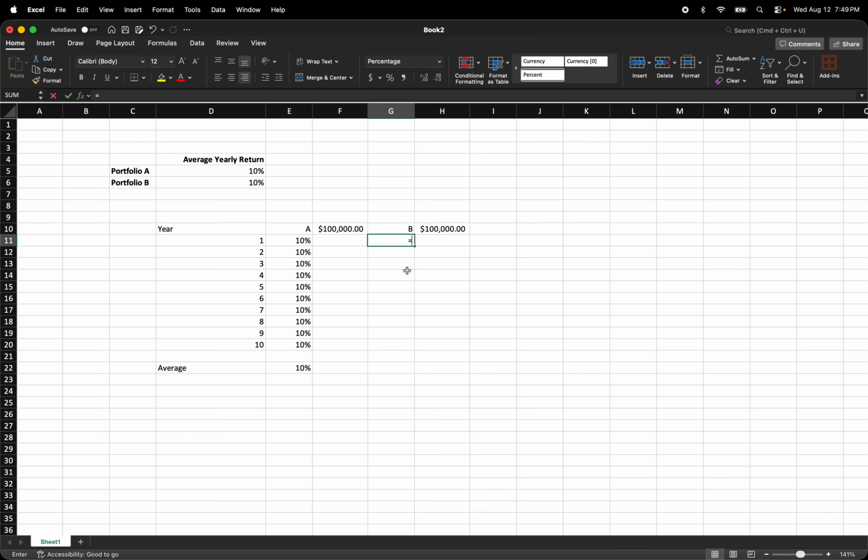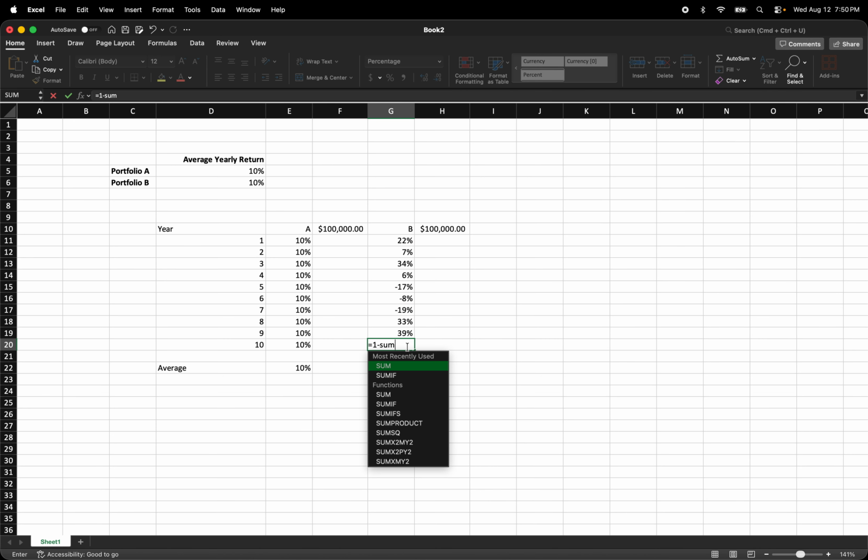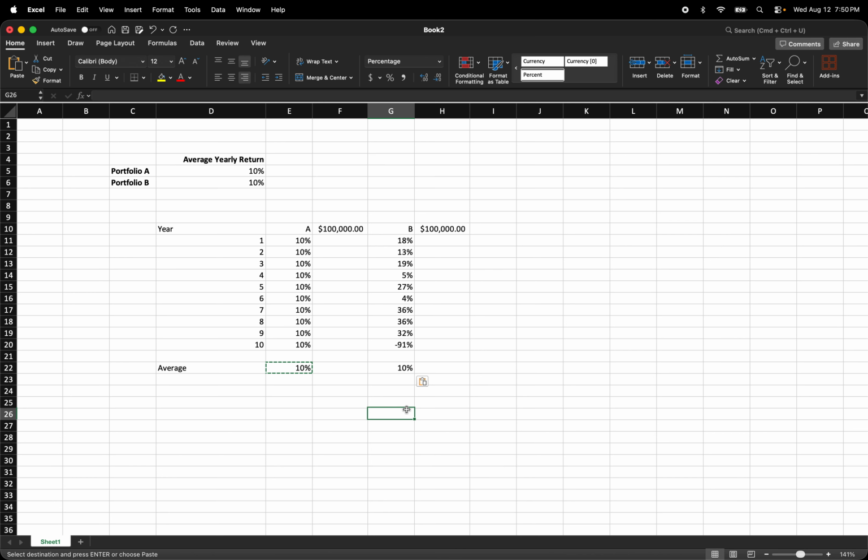One way to do this is to cap the downside, 0.10 and minus 0.5 times 0.6. Then I'll just take the difference, and the average is 10%. So each portfolio has an average yearly return.